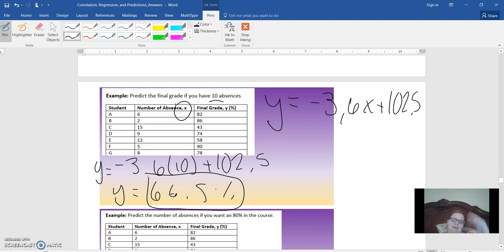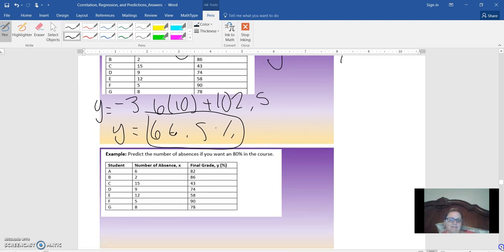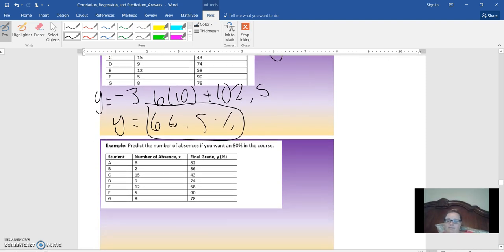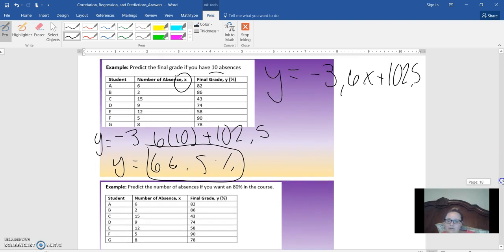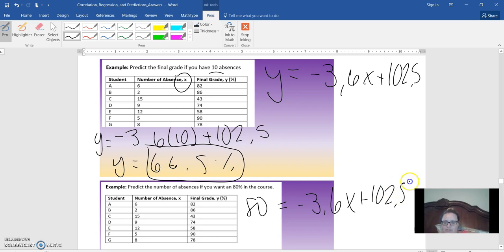All right, let's do the other way. Like, I want to be in the class. How many absences could I have? Okay, and so I'm going to do 80 equals -3.6x plus 102.5. And I need to solve that. So I'm going to subtract 102.5 from both sides, 80 minus 102.5.